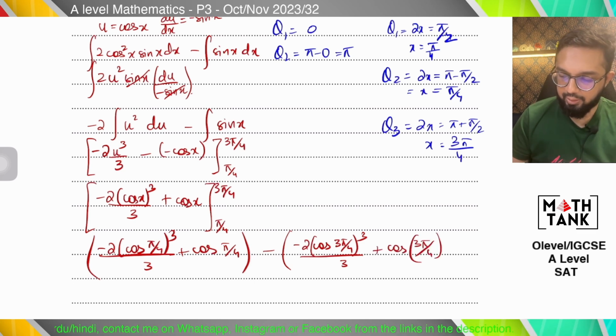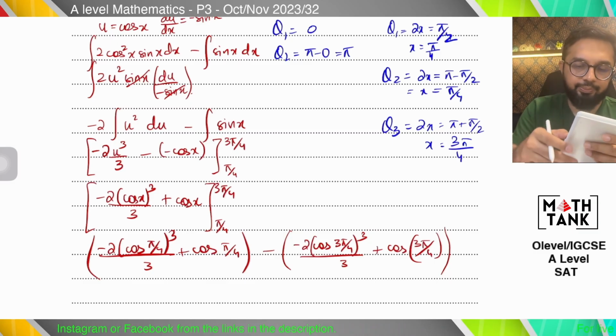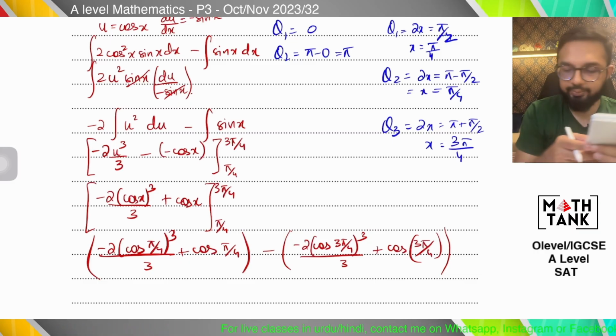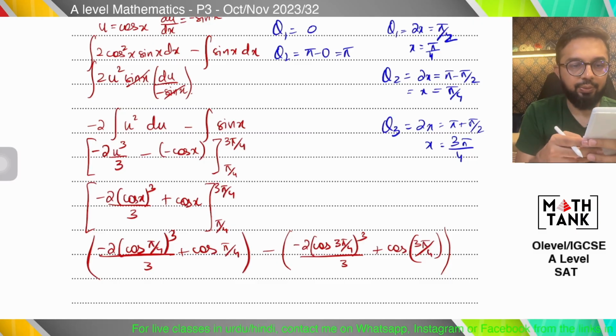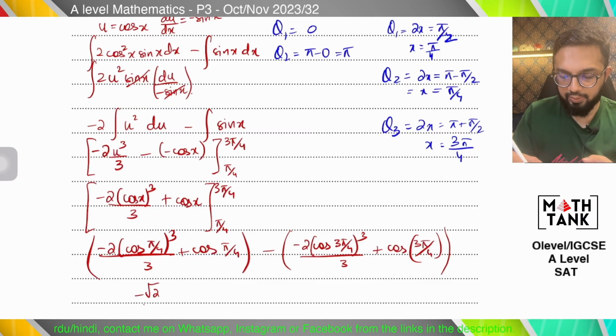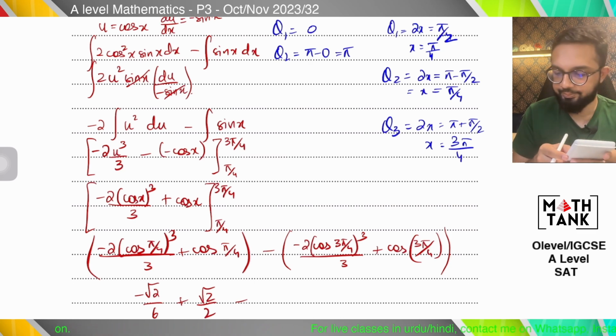Let's quickly put that on our calculators and see if we get the correct answer. Cos pi over 4 cubed, times minus 2, divided by 3. That's minus root 2 over 6. It's root 2 over 2, cubed.